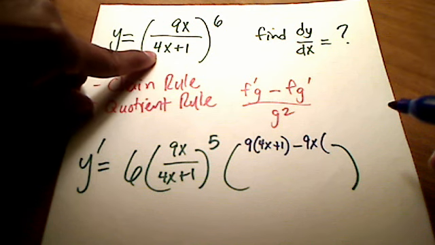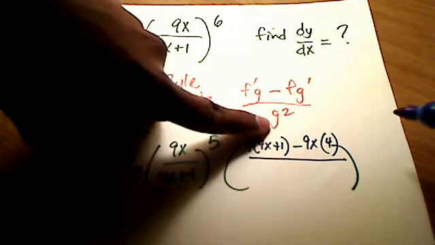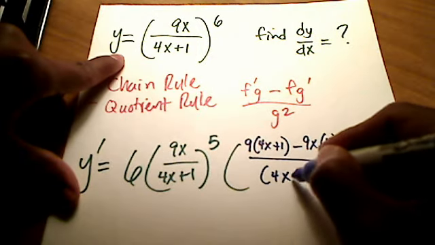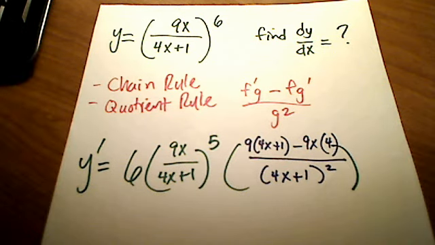So the derivative of 4x is just 4, all over g squared, 4x plus 1 quantity squared. I'm not going to FOIL that out. I'll just leave it like that.